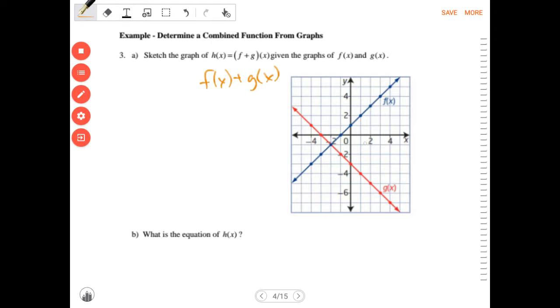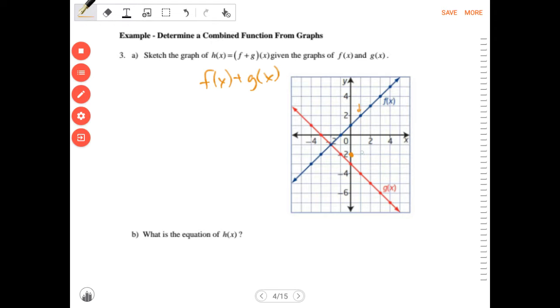All right, so tell you what, let's look at these guys. So f of x plus g of x. Let's start right on the y-axis. Why not? So we have f of x is 1, and g of x is minus 3. So 1 plus negative 3 is negative 2. Okay, if we look at x is 1, I've got 2 plus negative 4.